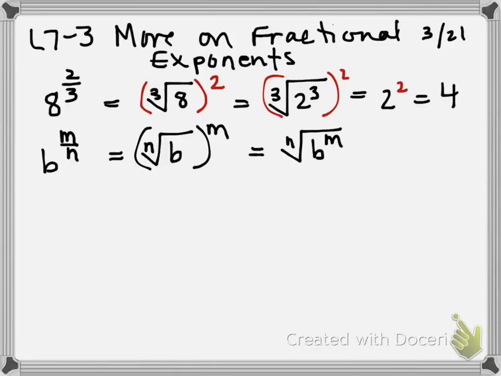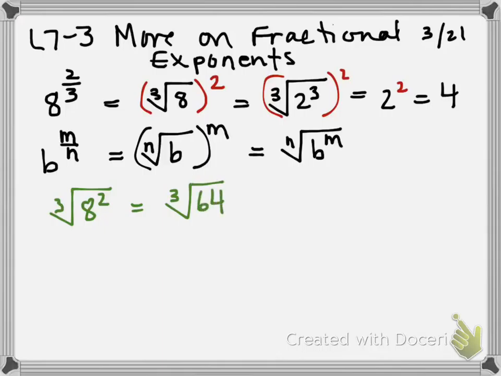I think it is easier when you can break it down into just the denominator and just a base number, and then raise it to the exponent number. This way, it's going to make it a little bit more complicated. So let's play out the question we just did, but let's do it the second way. We would have the cube root of 8 squared, which would give us the cube root of 64.